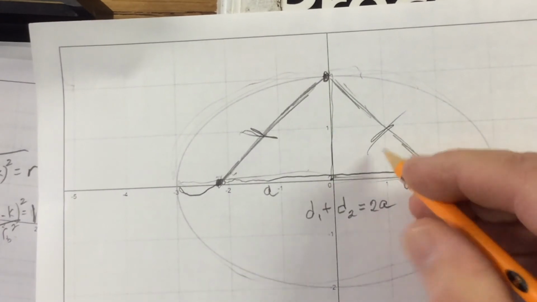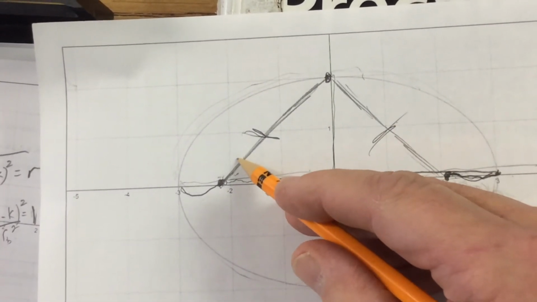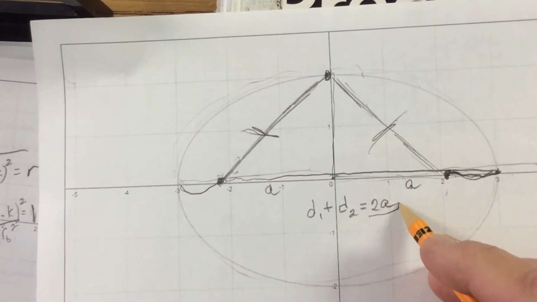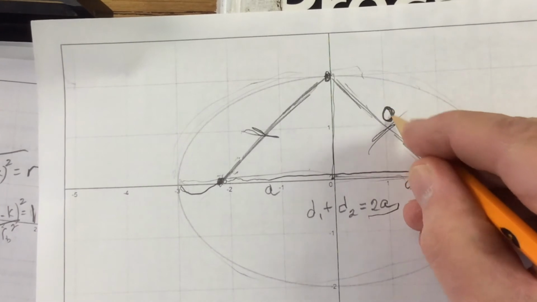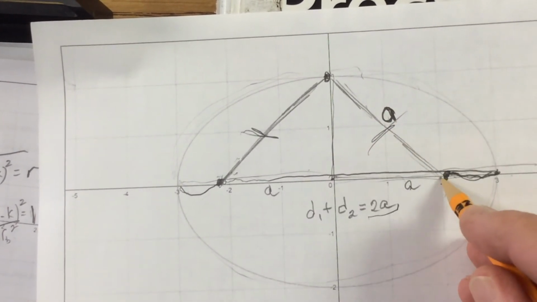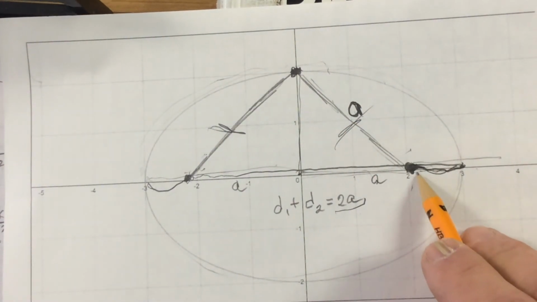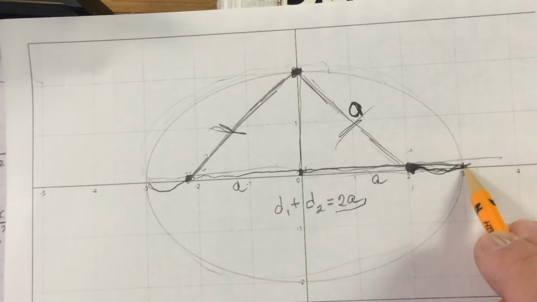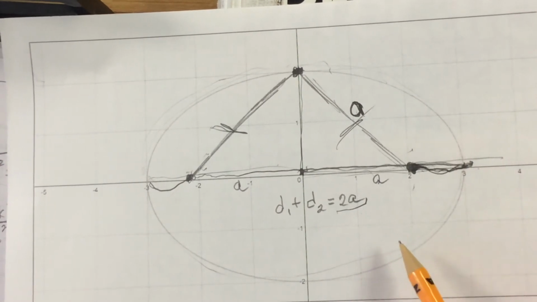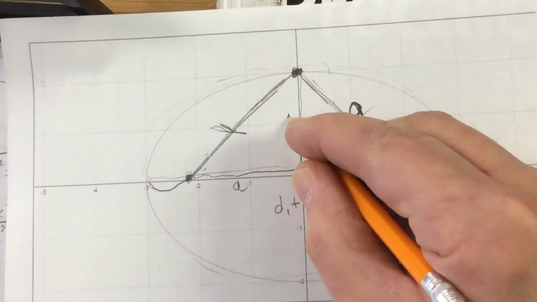Which means, well, if this is half of the sum of the distance and this is half of the sum of the distance, and the sum of the distance is 2a, that means this is a. This distance from this focal point to this co-vertex is the same as the distance from the center out to this vertex. This is b.